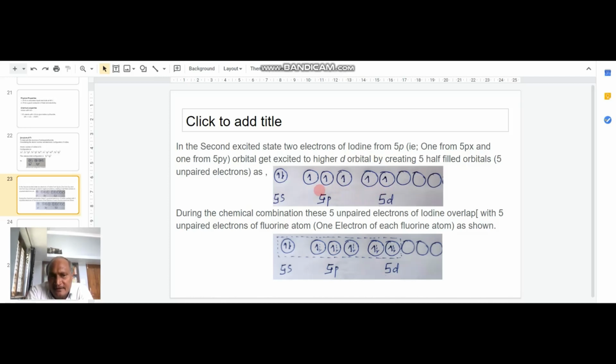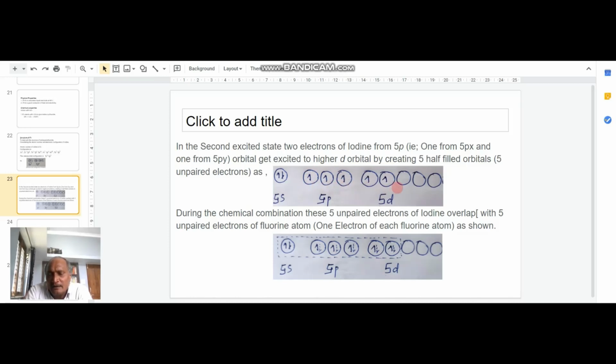That is, in the second excited state, 2 electrons of iodine from the 5p orbital, one from 5px and one from 5py, get excited to the higher d orbital, thereby creating 5 half-filled atomic orbitals in iodine.